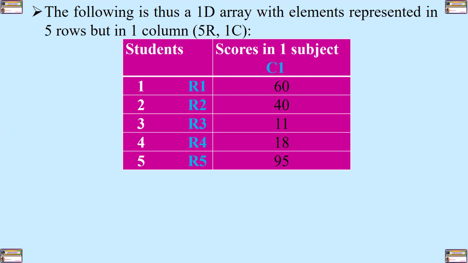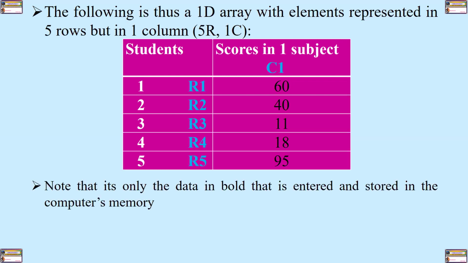That is 60, 40, 11, 80, 95. But in the eyes of the viewer, you can see that each of these elements occupies a row. But for a one-dimensional array, you talk about data being organized in a single column or in a single row. Full stop.